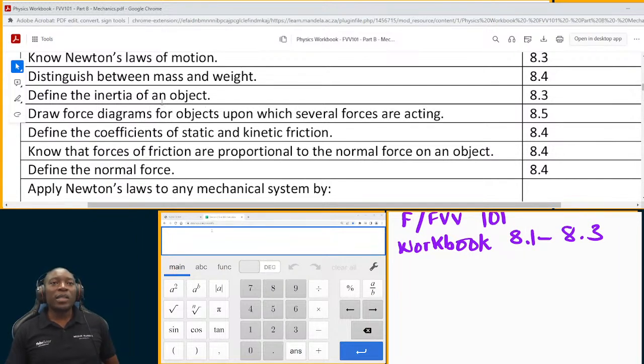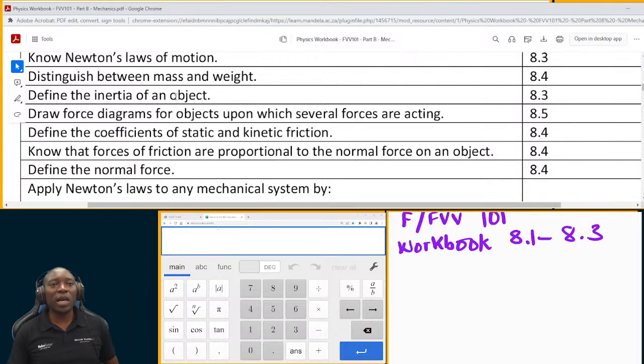Mass is given as the measure of a body's inertia. Inertia is the reluctance of a body to start moving if at rest, or to stop moving if in motion. It is the tendency of a body to remain in its state of uniform motion, which is what is explained by Newton's first law.